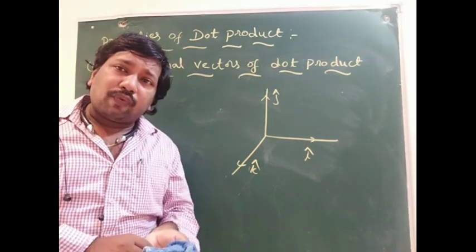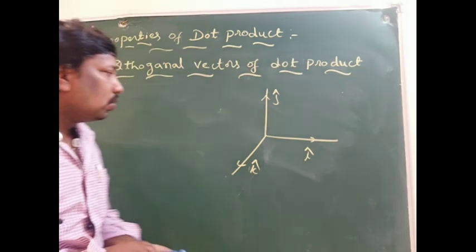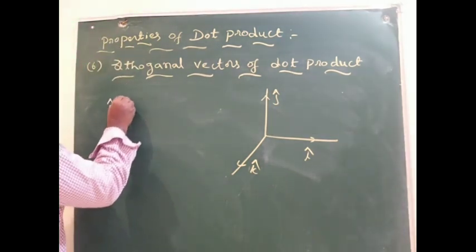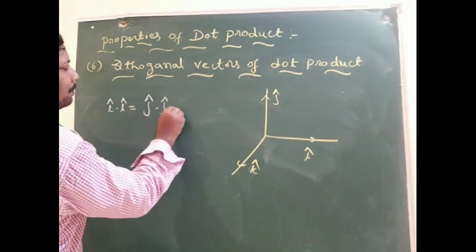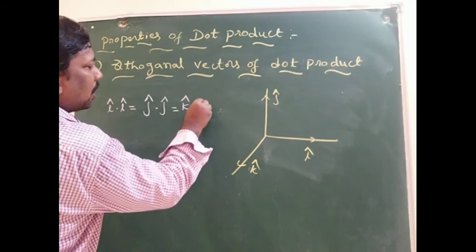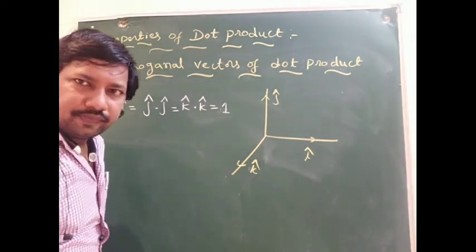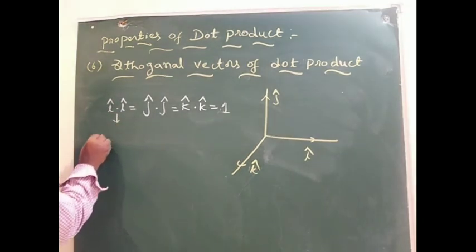So in the case of orthogonal unit vectors, the dot product is, in this case, I cap dot I cap is equal to j cap dot j cap equal to k cap dot k cap equal to 1. Why? Here is one example, I cap dot I cap.